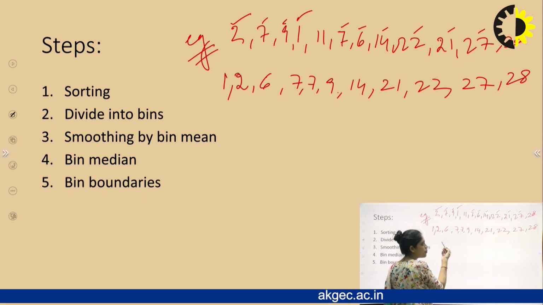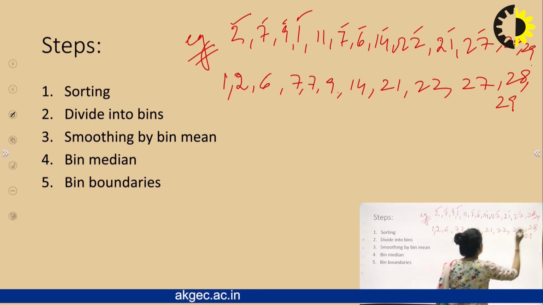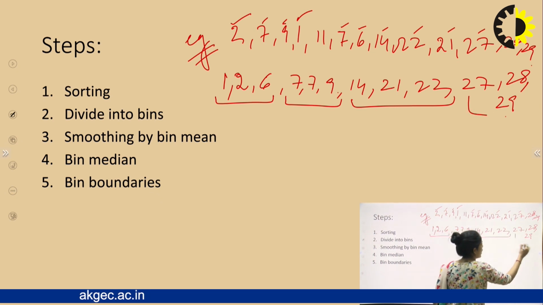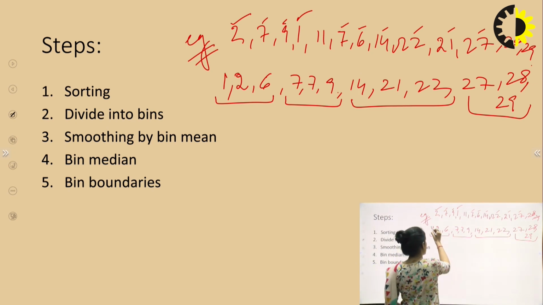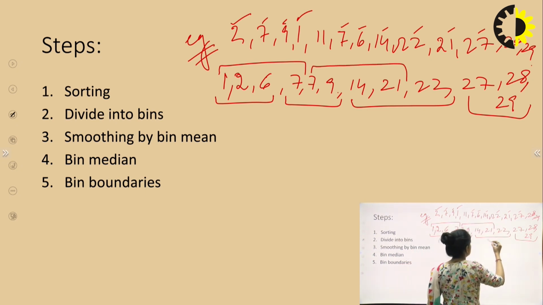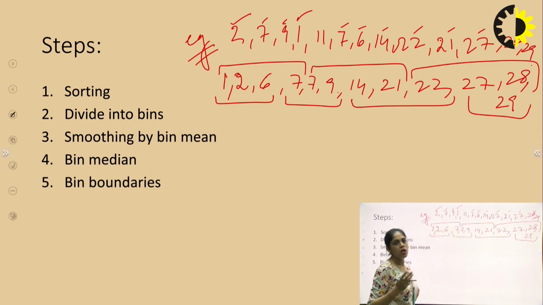So the best possible way to divide it is 3, 3, 3 and 3. We have divided it in such a way that we have total 4 bins or buckets, or another way is make a pair of 4 like this. So now we have total 3 bins, each consists of 4 values.